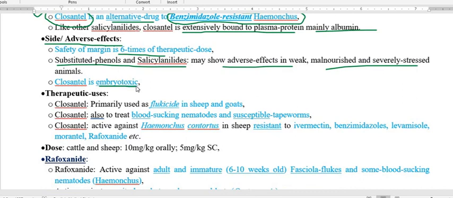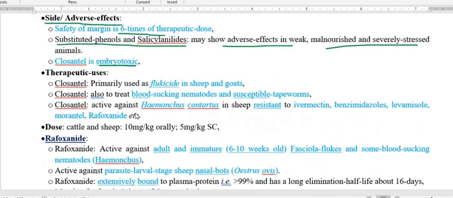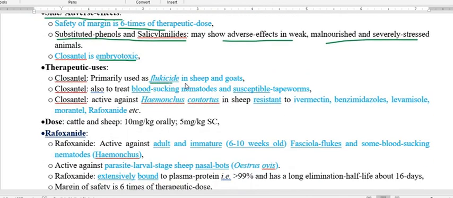Regarding therapeutic use of clorsulon, as we already discussed, this is a flukicide in species like sheep and goats. They are also acting against the flukicide means the Fasciola hepatica fluke, and also against the nematodes, particularly blood-sucking nematodes, and also against susceptible tapeworms.